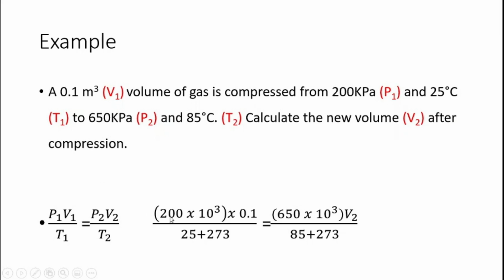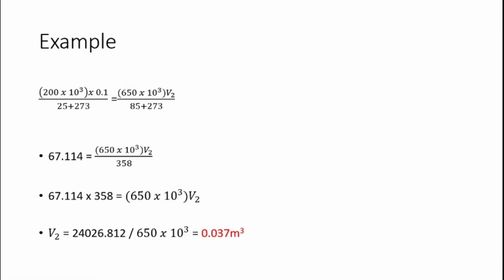And we need to find V2. So P1 is here, look, 200 kilo. V1 is 0.1. T1 is 25 plus 273. All that's got to equal P2 V2 over T2. P2 is 650 kilopascals. V2 we don't know, we're trying to find it, and T2 is 85 plus 273. So rearrange that a bit.